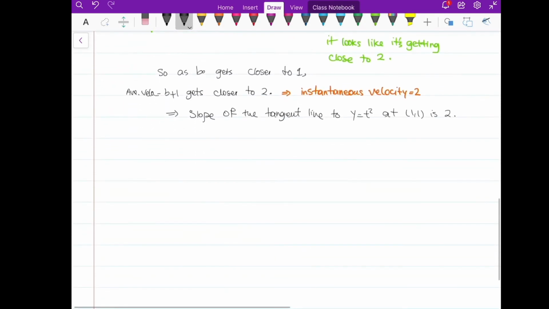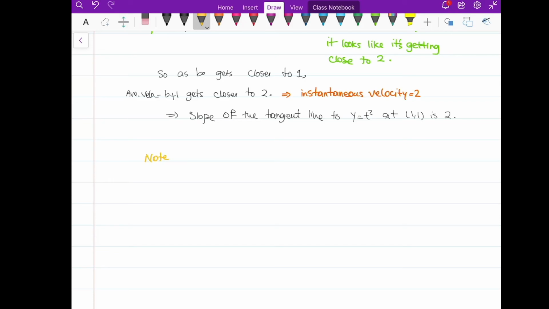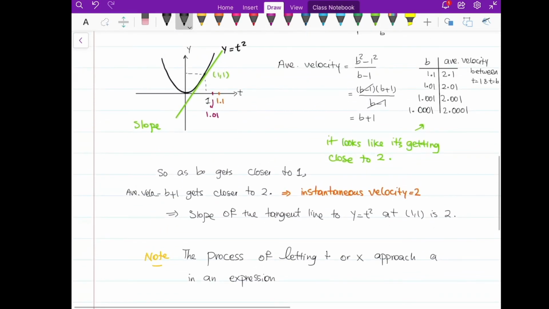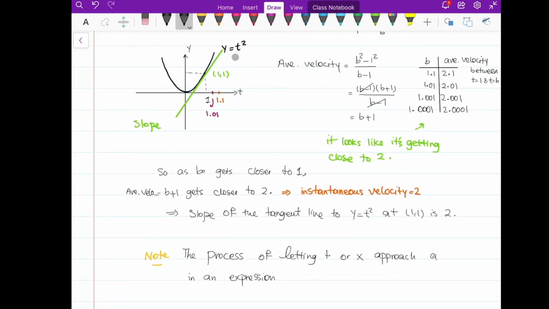So I can say, as a note, the process of letting t, or basically x, approach a point A in an expression, our expression here was just the position function t squared, is called taking a limit.